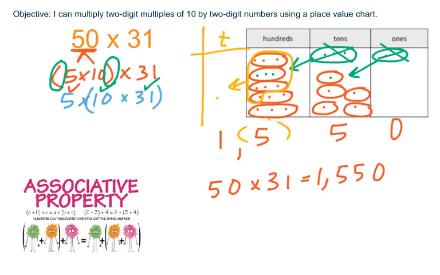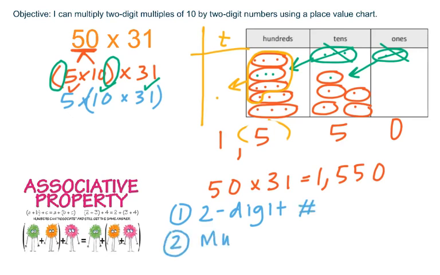My hope is that you're seeing the pattern here, that I'm going to first place my two-digit number. Second, I'm going to multiply by 10.